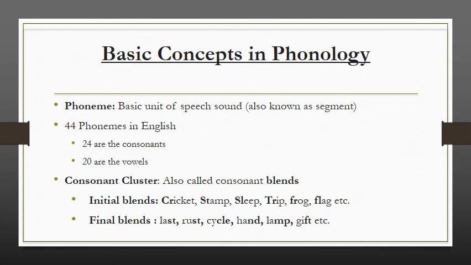They don't have any other vowel between them. So these are the initial blends. Since both C and R have their own independent sound that is pronounced separately, it is called a blend.